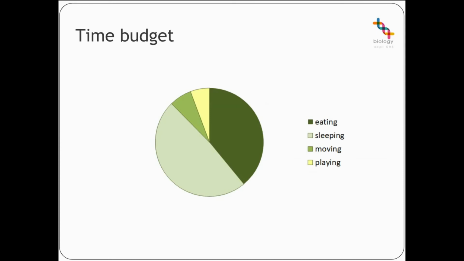Now, when we record the duration of each of these behaviours in an ethogram, together with the amount of time we've observed our organism, that allows the proportion of time spent on each behaviour to be calculated in what we would refer to as a time budget. So having studied your organism, you're looking to see how long in the total period of observation did it spend eating, sleeping, moving or playing, and you can allocate a time budget to that.